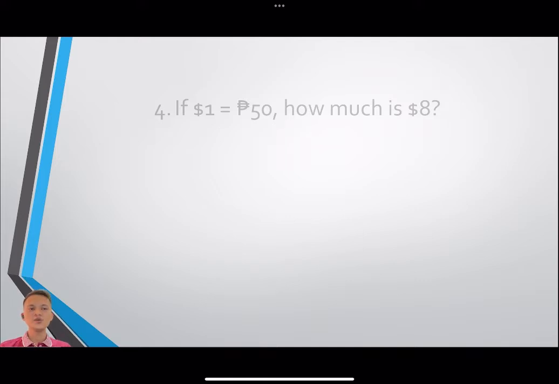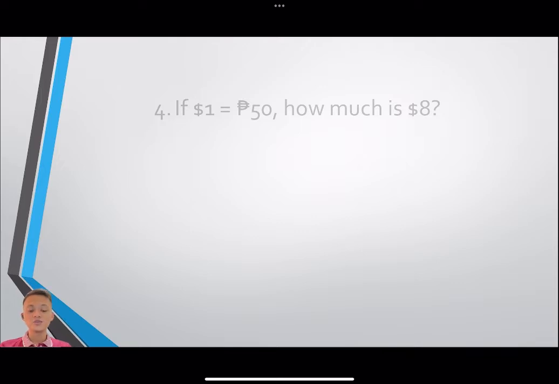Which is equal to 0.25 when expressed as a fraction in lowest term? Letter A, 1/2. Letter B, 1/4. Letter C, 2/5. And letter D, 1 over 25.